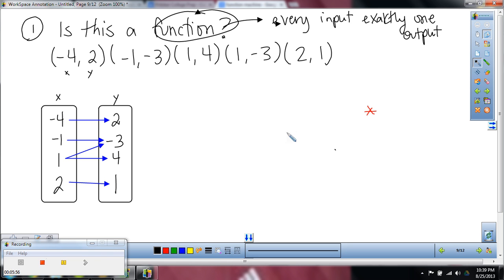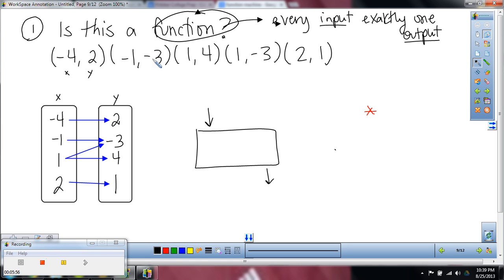Right, so this goes back to the idea of our function machine, that when I put something in, I should only get one thing out. So if we think of this first ordered pair, I'm putting in -4 and I'm getting out 2. And I can see that here looking at my arrow in my mapping diagram. My input has exactly one output. So that one works.